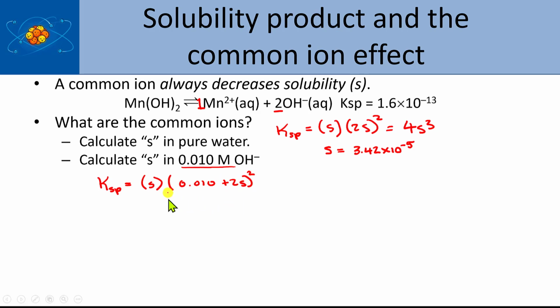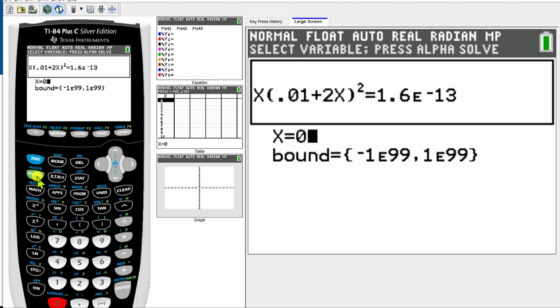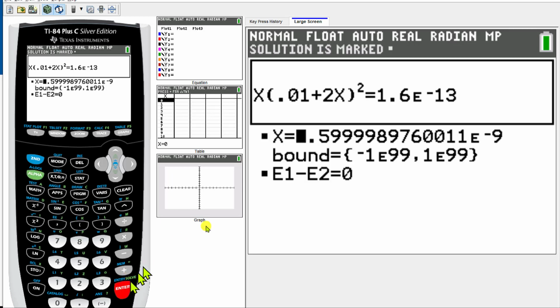Now, it's not a simple matter of just plugging it in and solving for S, because now this becomes a quadratic equation. Actually, it's a cubic equation, I guess, is what it really comes out to be. So you may have to pull out a solver, or you might be able to do an approximation, but let's go ahead and set this calculation up for the solver. So just for fun, I did actually set it up in my emulator. I'm going to go ahead and solve. Yeah, and so I get 1.59999, so I'll call it 1.6 times 10 to the minus 9. All right.